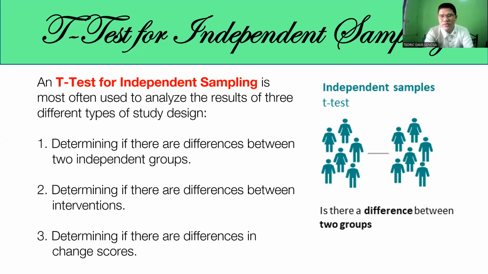So in the contextual research problem a while ago, we are dealing with the first study design, because there are 2 independent groups in our study, which are male and female. So that's our study design. So we will use here independent samples t-test or t-test for independent sample.